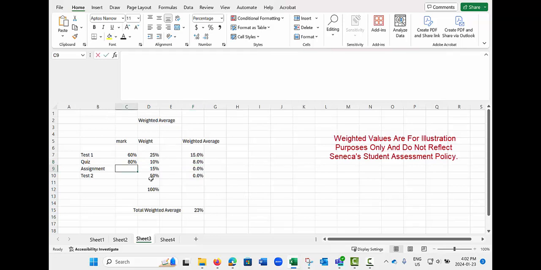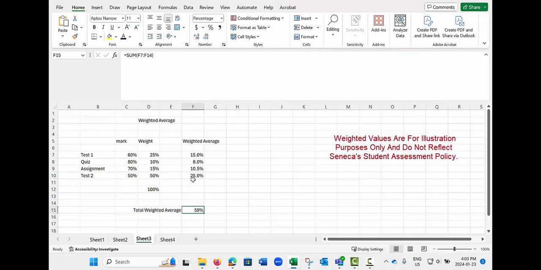Let's say the assignment, we get 70%. Again, the assignment is worth 15% of the total marks for the semester. So we managed to get 70% of that, or 10.5. And test 2, let's say we got 50% on that. So of the 50% that this test is weighted, we managed to get half those marks, or 25%.